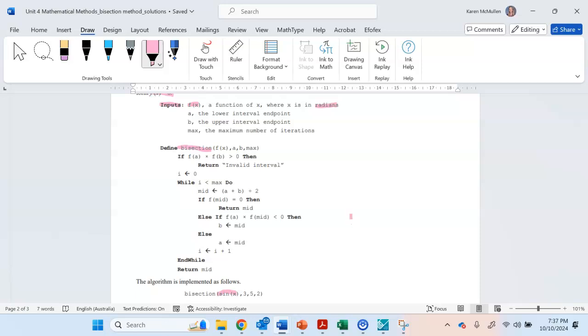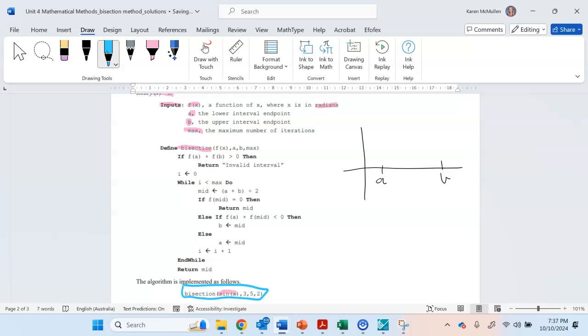All right, A is your lower interval endpoint. So remember, if we've got our axes, we're going to have A here and then B. A is your lower, B is your upper, and max is your number of iterations. So what we've got here is the defined algorithm.